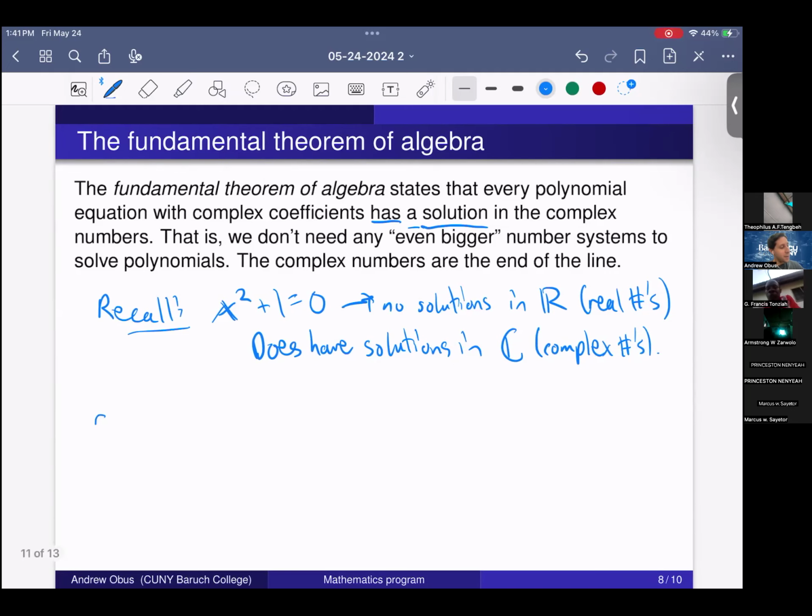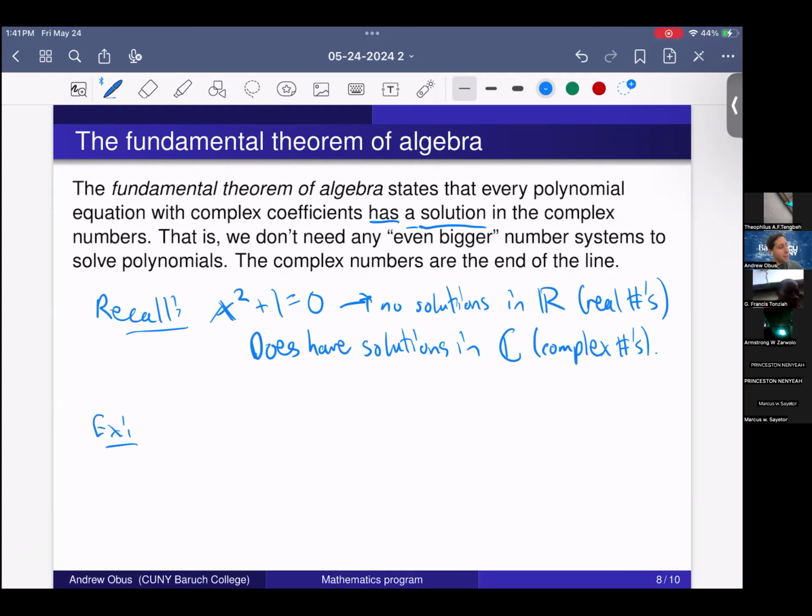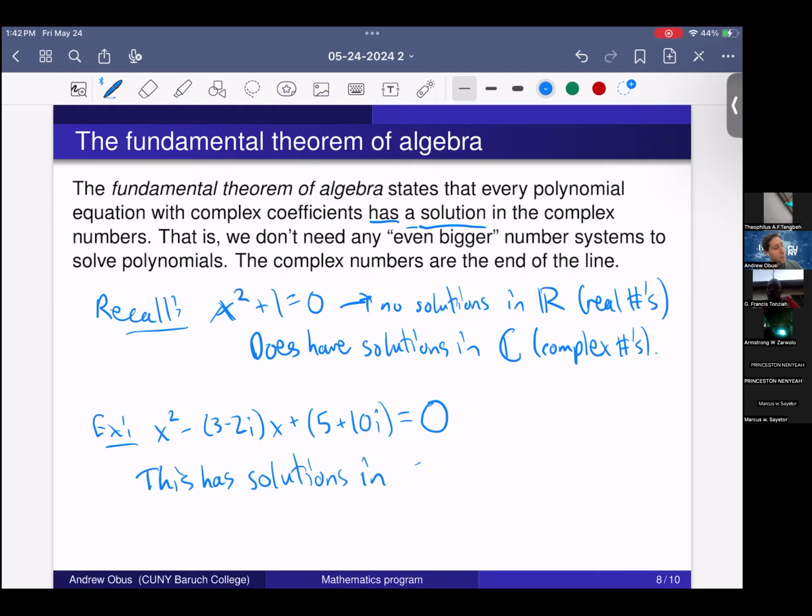For example, if I write x squared plus (3 minus 2i) times x plus (5 plus 10i) equals 0, I'm not going to tell you how to solve this right now, but I guarantee you, as a consequence of the fundamental theorem of algebra, that this has solutions in the complex numbers. It has solutions in C.